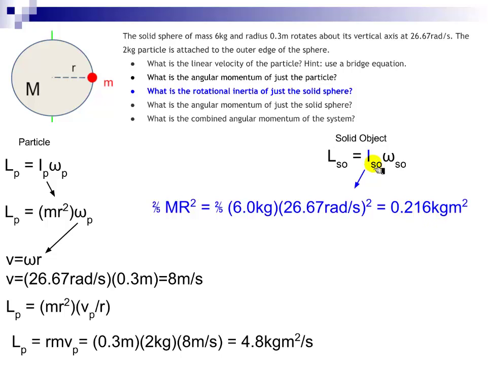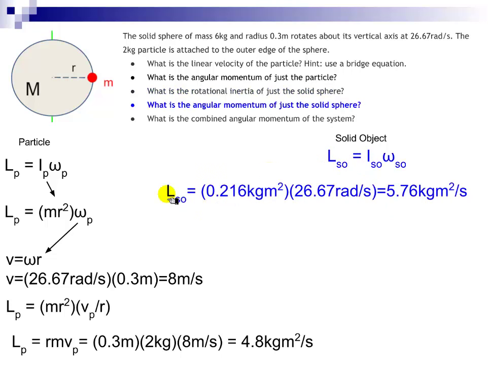Now that's just the rotational inertia, not the angular momentum of the solid object. To find the angular momentum, again, we use this main equation here. We figured this out just a second ago. The rotational inertia is 0.216 kilogram meters squared, the rotational velocity is 26.67 radians per second. Multiply those together to get that value, 5.76 kilogram meters squared per second.